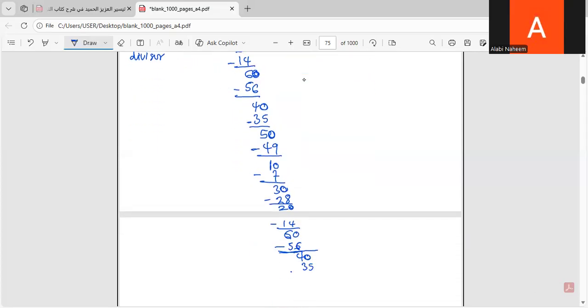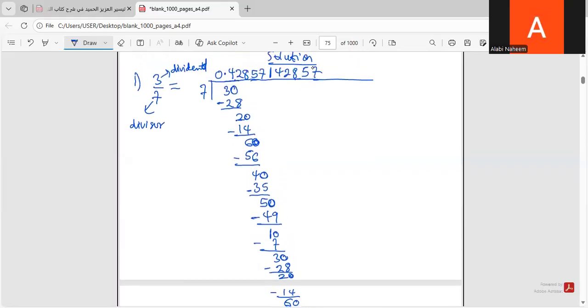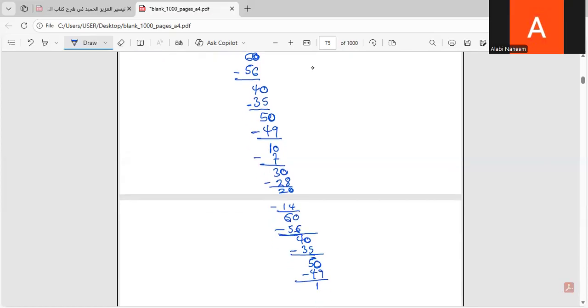You subtract. You have 5. 7 in 5, 5 is less than 7. You include 0. 7 in 50, that's 7 also. 7 times 7 is 49. Subtract. You have 1. 7 in 1 is less than 7, so include 0. 7 in 10 is 1.